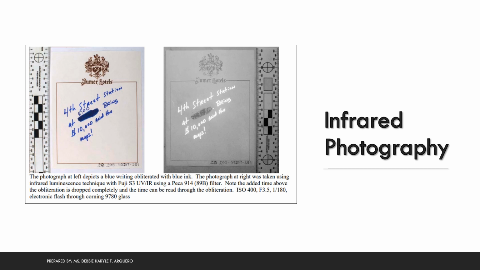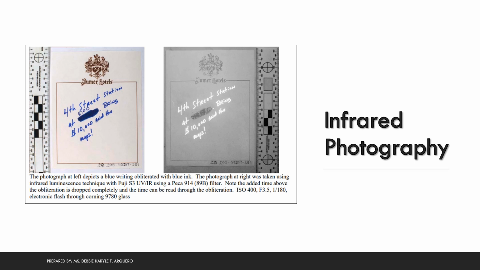Another type of photography which is commonly used in police work, particularly in criminal investigation, is infrared photography. Infrared photography employs a technique in photographing unseen objects. What are those unseen objects? It could be overwritten letters or text, or charred or burnt materials, with the use of infrared light.